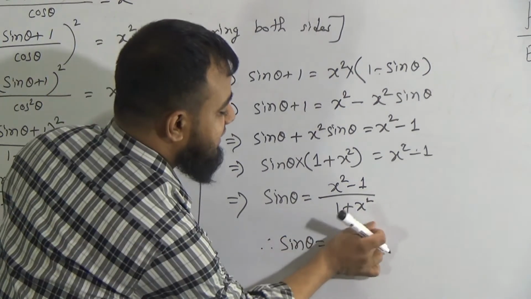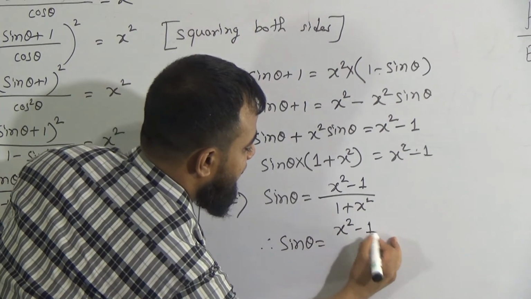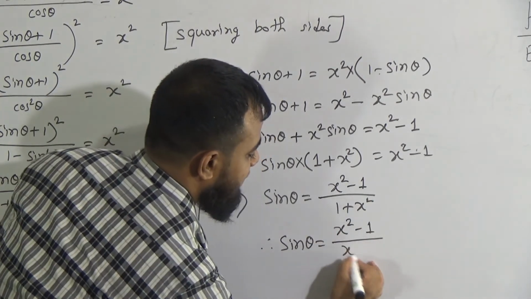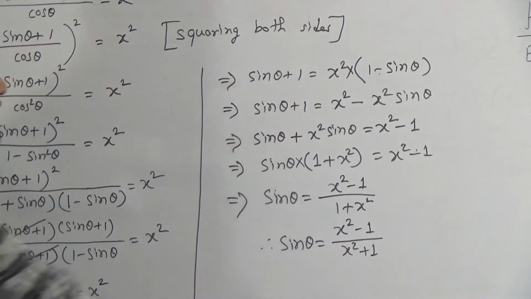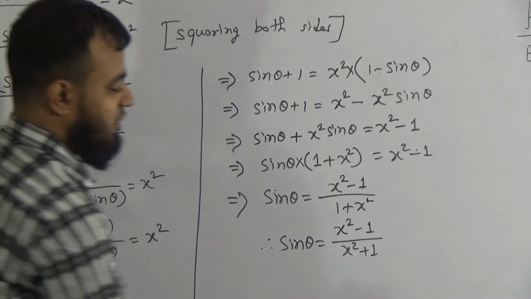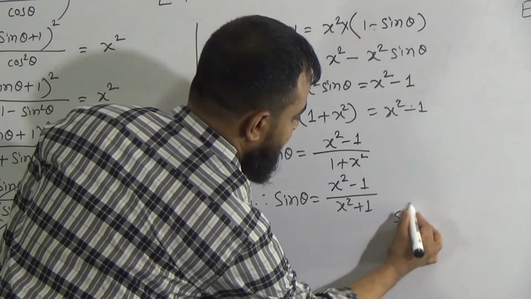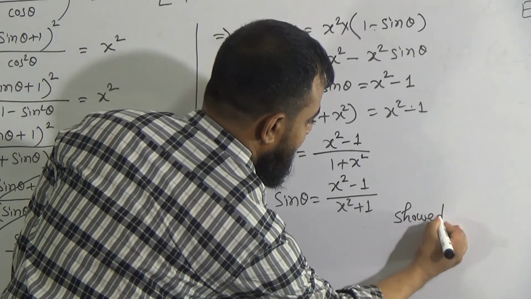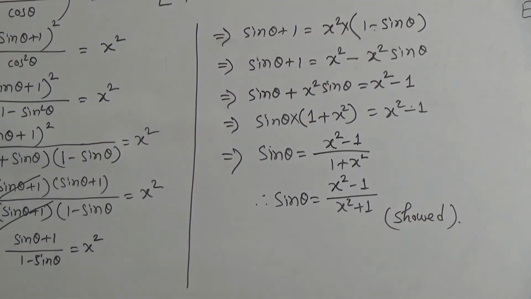We can exchange these two positions, no problem. It's x square minus 1 divided by x square plus 1. This is our required solution, the required value of sin theta. So we can write down 'showed' here, or 'proved'. Now my dear students, I think you have understood how to solve for sin theta's value.